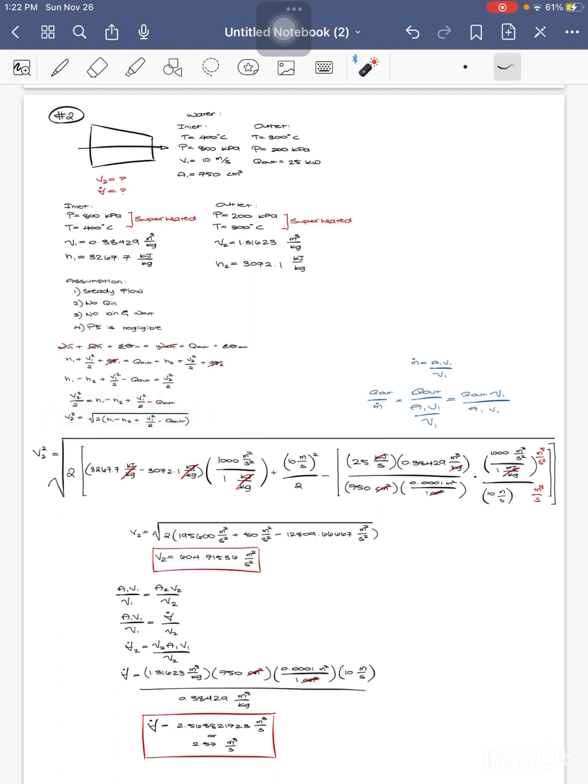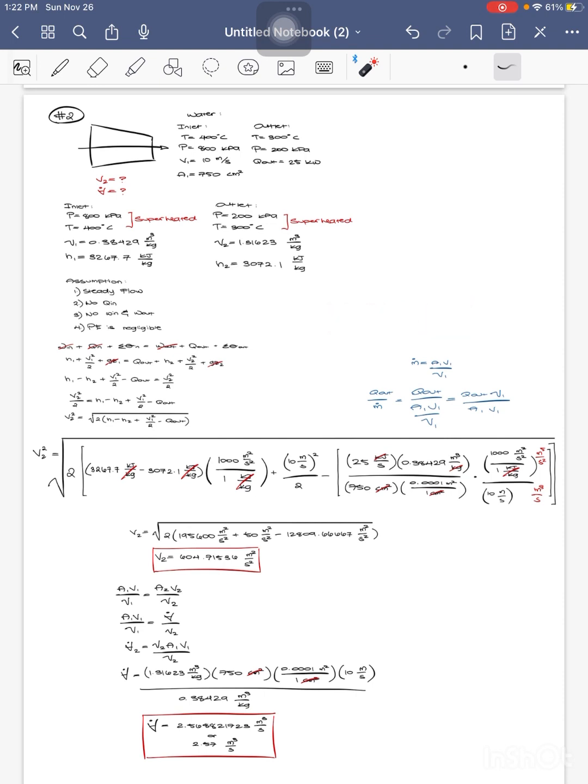Since the Q out given is in kilowatts, and the unit needed for the outlet velocity is meters squared per second squared, I used the mass flow rate to cancel the kJ over s, because kilowatt is equal to kJ over s.